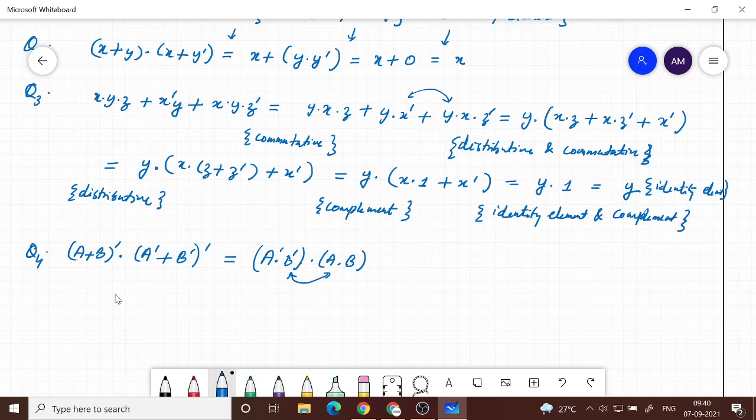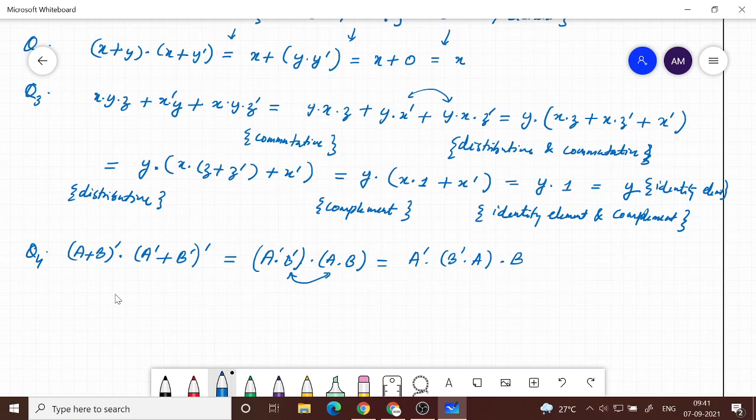But dot operation and OR operation, that is plus and dot, these two operations are associative. So you can group, instead of this you can group like this. Okay, so you can do that.